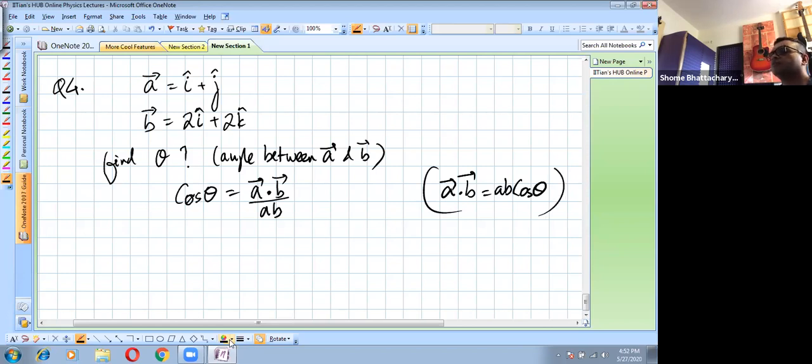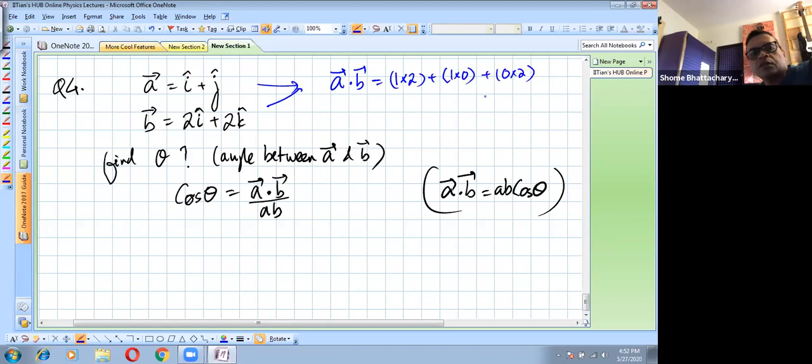So let's first work out A dot B. So for these two vectors, the dot product is product of x components. So that is 1 into 2 plus product of y components. So that's 1 into 0 plus product of z components, that's 0 into 2. Okay. So this is nothing but 2.